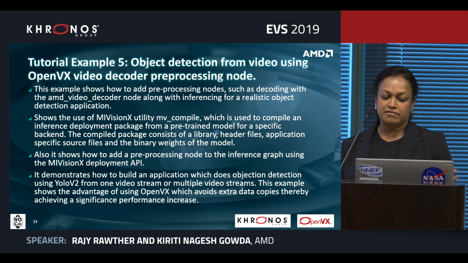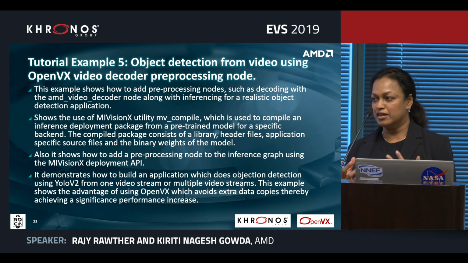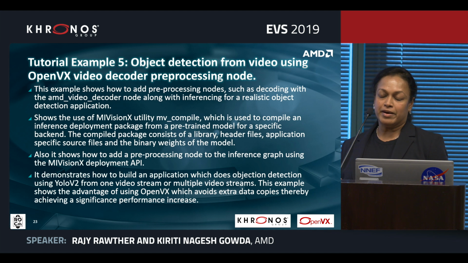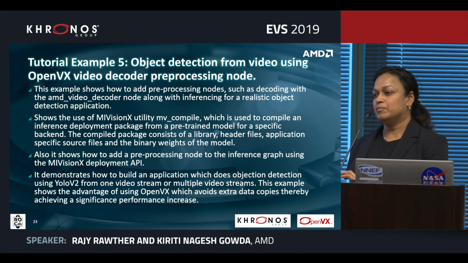Once you get it running for one video stream with object detection, by simply compiling the model for a batch size of 4, we will put that deployed library in with 4 video streams and show how it scales up for 4 videos running object detection together in the same graph.